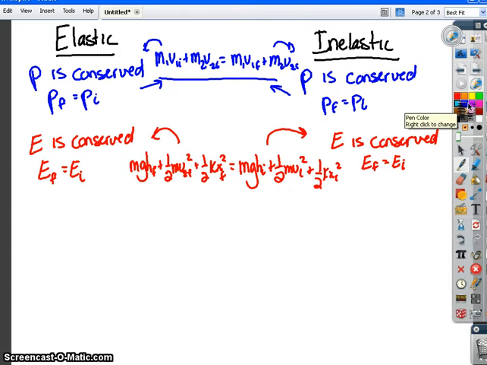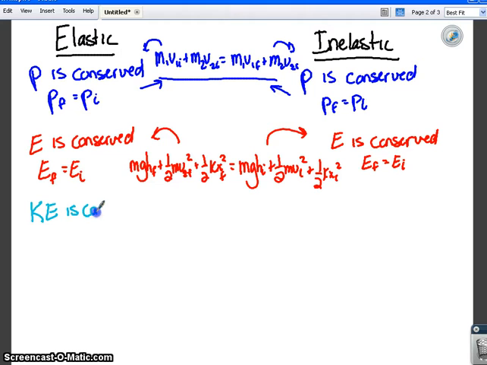In an elastic collision, kinetic energy is conserved. In an inelastic collision, kinetic energy is not conserved. So in an elastic collision, we can take this equation right here.